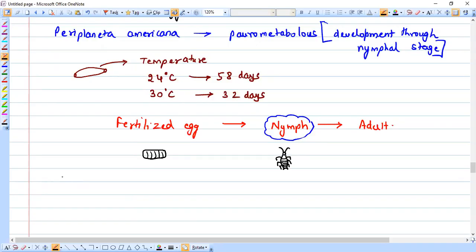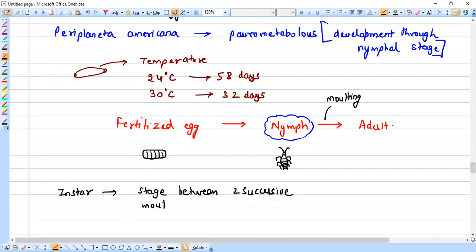After sufficient growth, this nymph will undergo a very important thing called molting. After sufficient growth, it undergoes molting and enters into the next instar. Now, what is an instar? An instar is nothing but a stage between two successive molts.